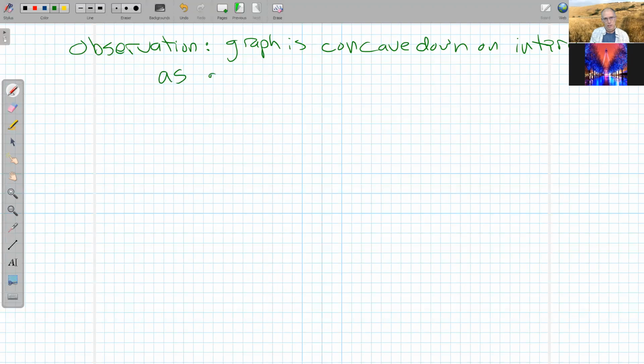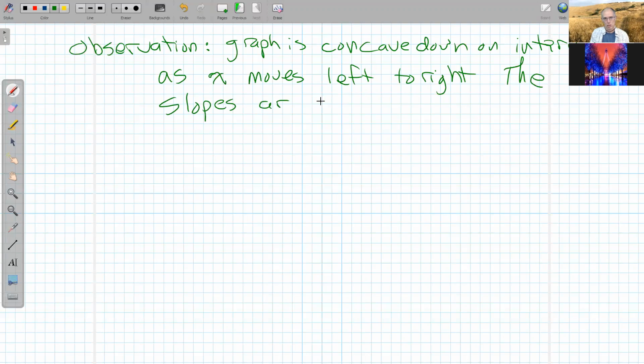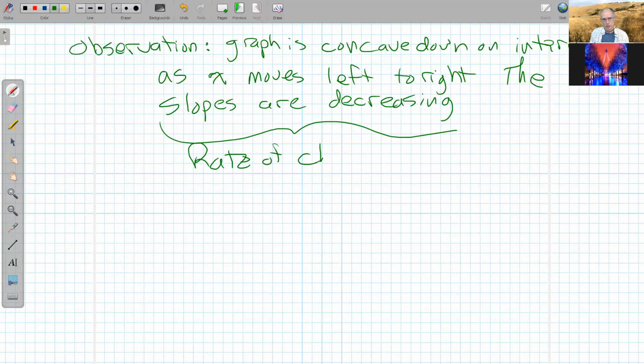As x moves left to right, the slopes are decreasing. And so what I'm describing here is a rate of change of slope. Okay, so rate of change, that is a common phrase for derivative.